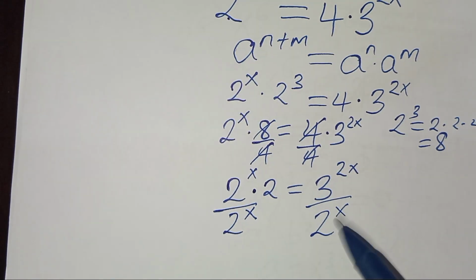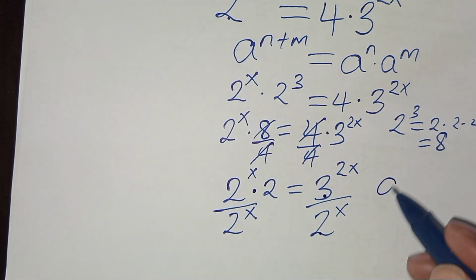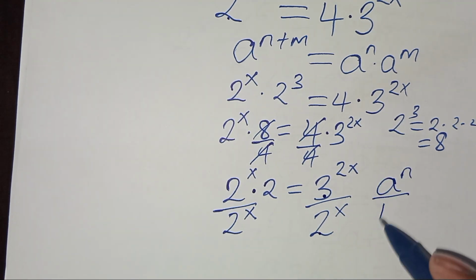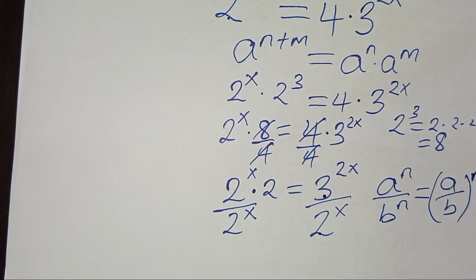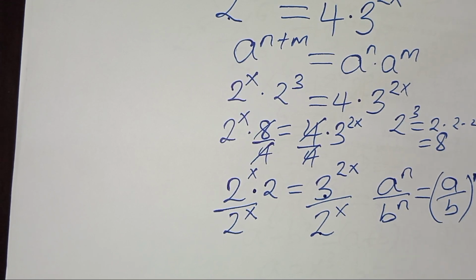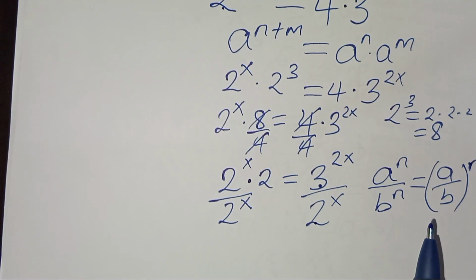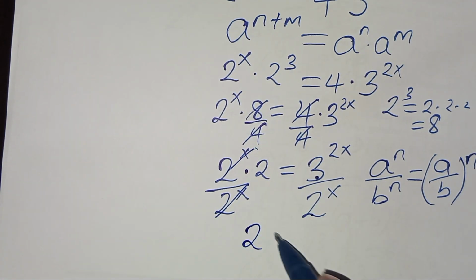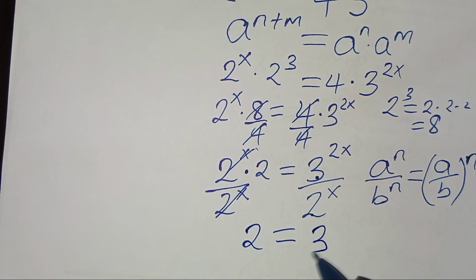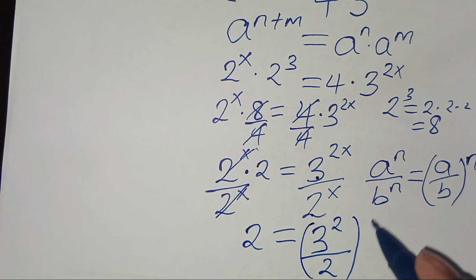From what we have here, 3 to the power 2x divided by 2 to the power x is in the form of a to the power n divided by b to the power n, which we can express as a divided by b raised to the power n. Let's apply this property, so that we have 2 equal to 3 to the power 2 divided by 2 raised to the power x.